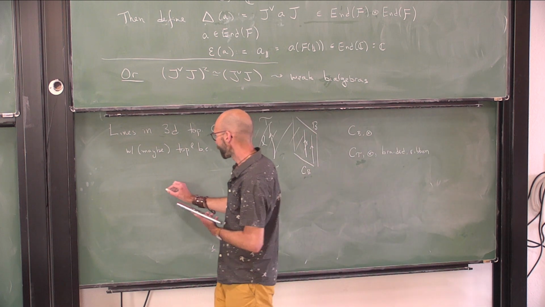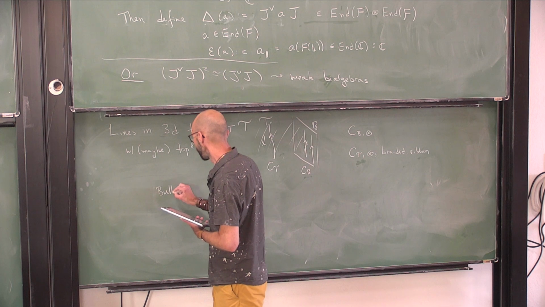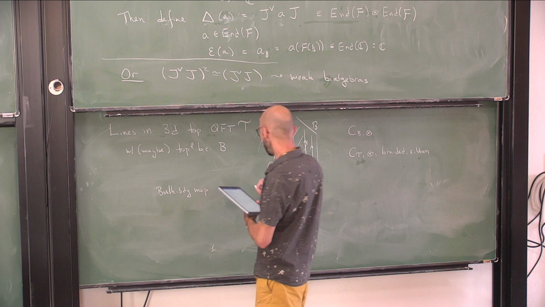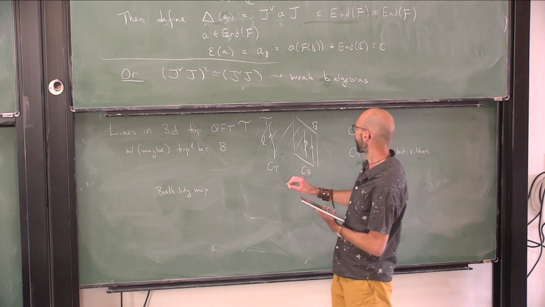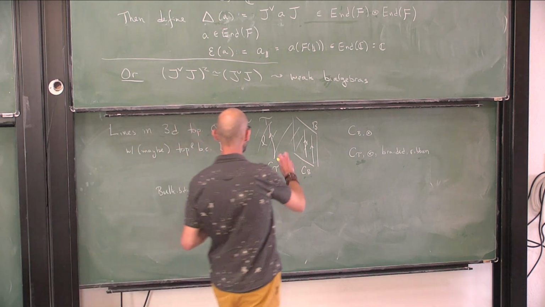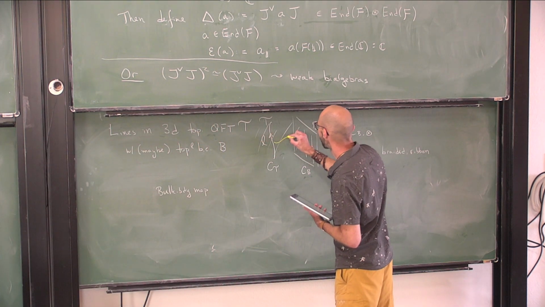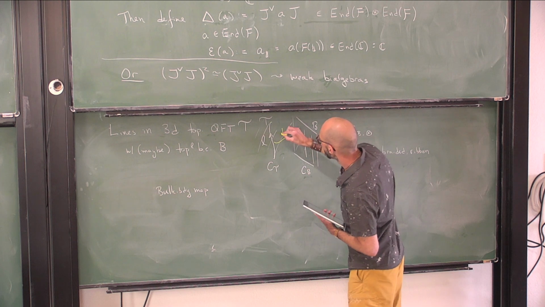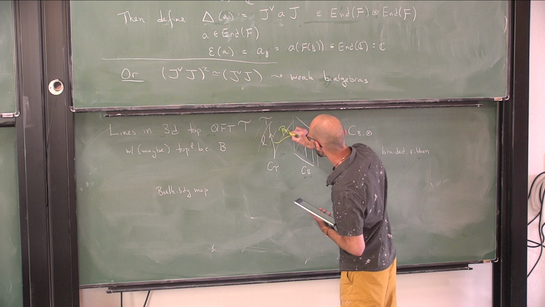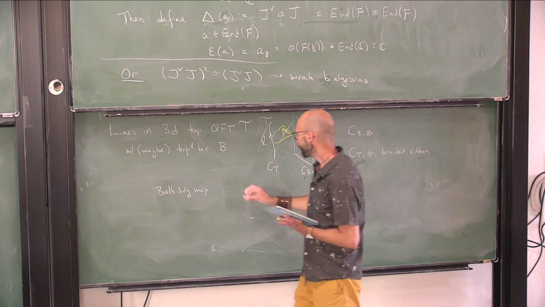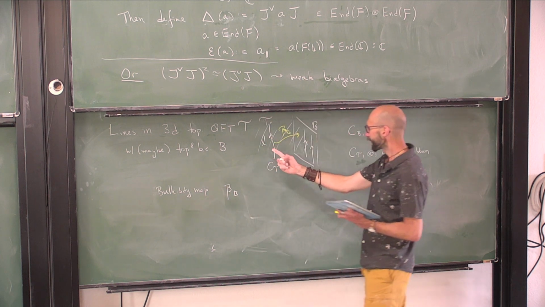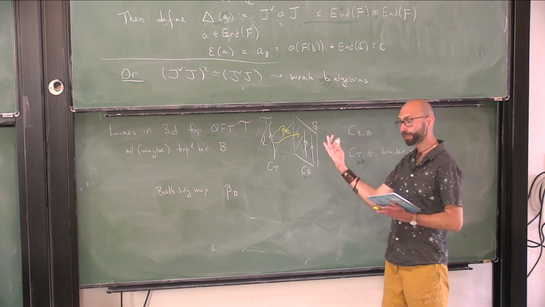There's a thing called the bulk boundary map, call that beta B. It sends bulk lines to the boundary, collides them with the boundary.